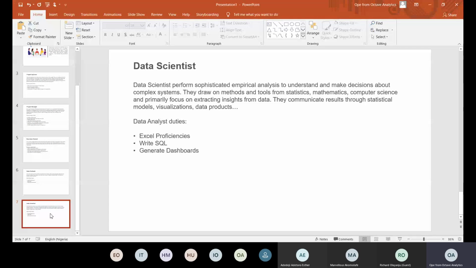Why? Because if the data is wrong, or if there is misrepresentation of data during your ETL process. Your ETL process means extraction, transform, and load.